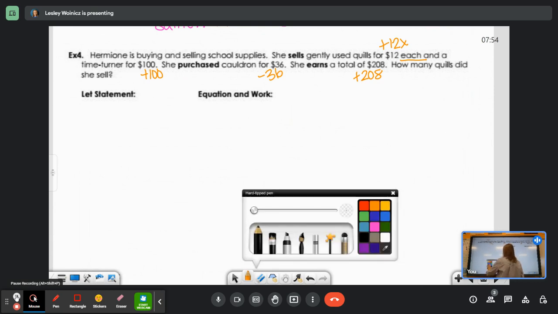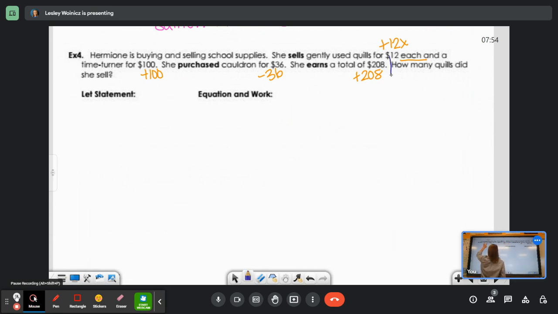All right, so the question is, how many quills did she sell? So we had better let x be quills or we're going to be solving the wrong problem. Let x be quills. All right, so let's add everything up.